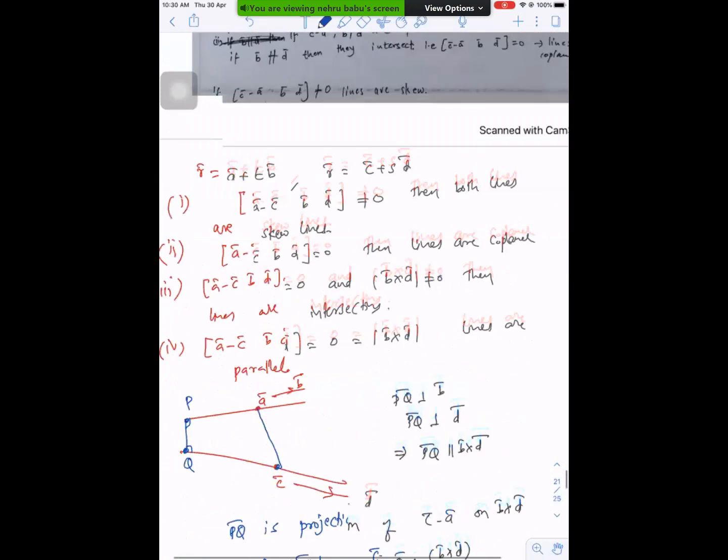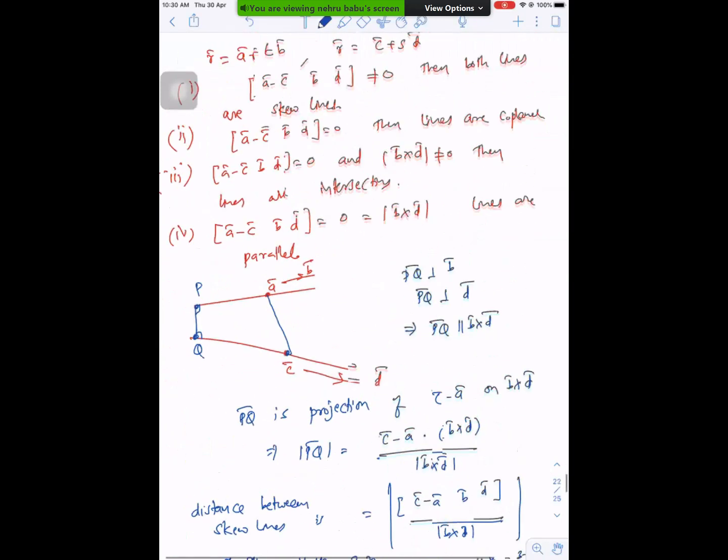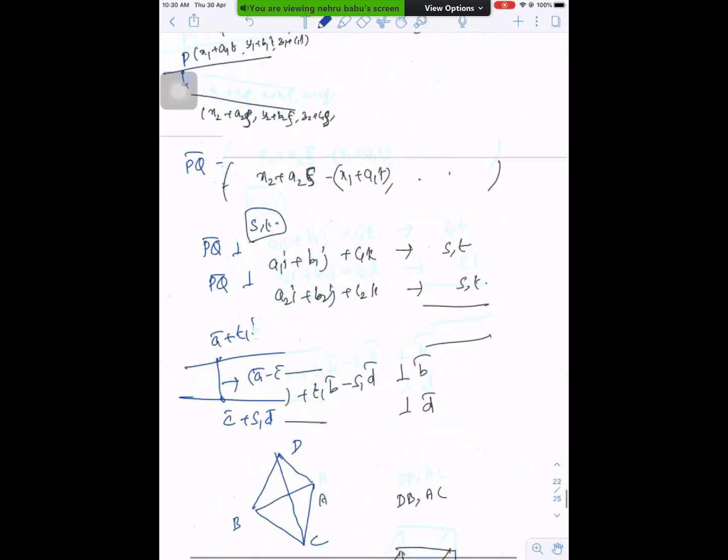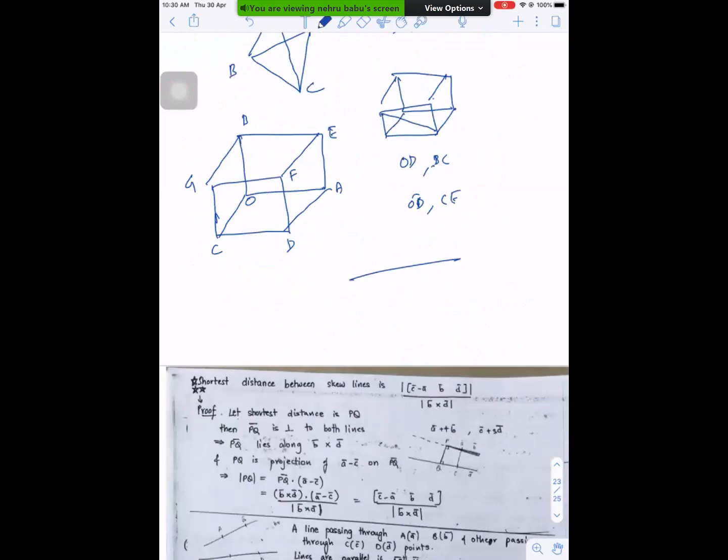And here, I take lines like A bar plus t B bar. If lines are passing through two points, then what is the formula? If one line passes through points A and B, and one more line passes through points C and D, what is the shortest distance result?